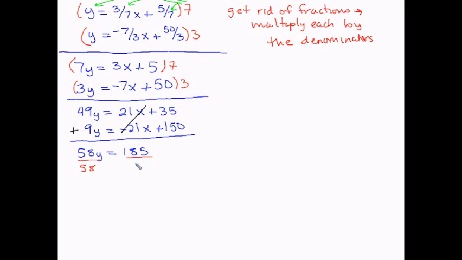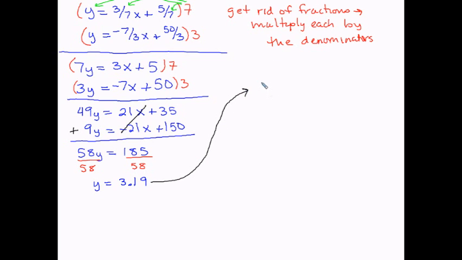I'll divide both sides by 58. And I'm going to get that y is equal to 3.19. I'm rounding. It's actually 3.189655172, but I'm going to round 3.19, which I'm then going to plug in to find an x.